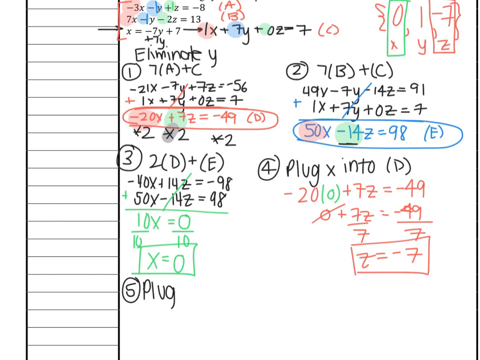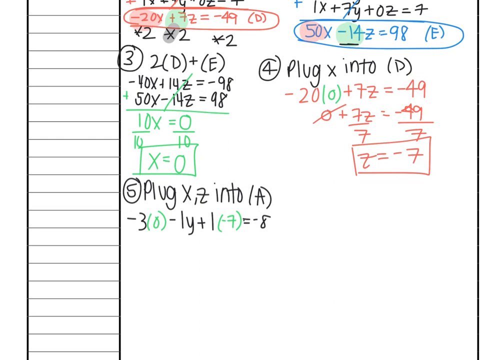Plug x and z into equation A. And again, you could do it into A or B or C or whatever one you want from back up top. So we have negative 3 times the x value minus 1y plus 1 times the z value equals negative 8.